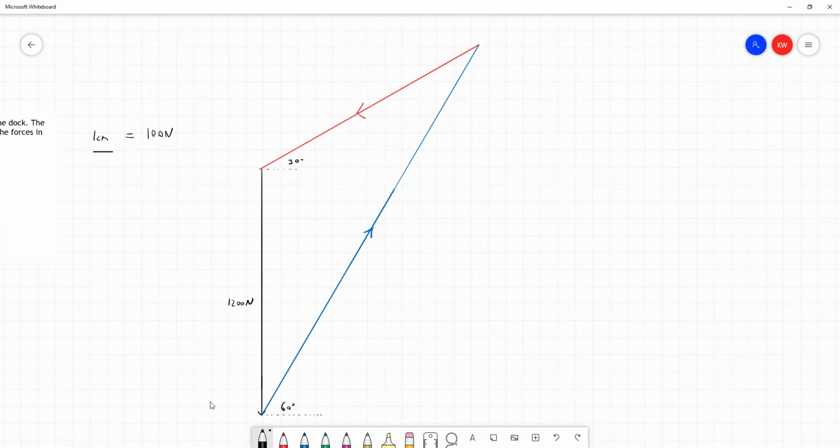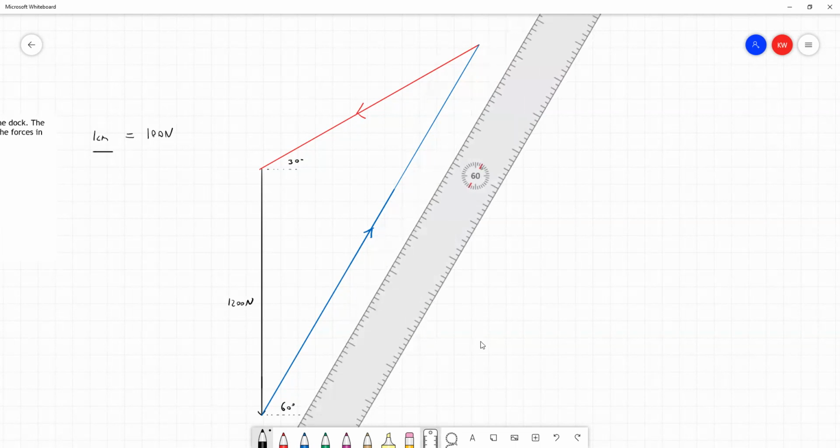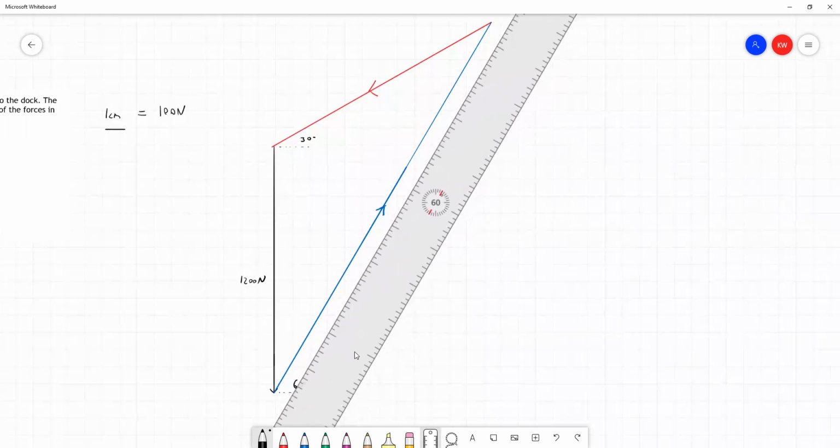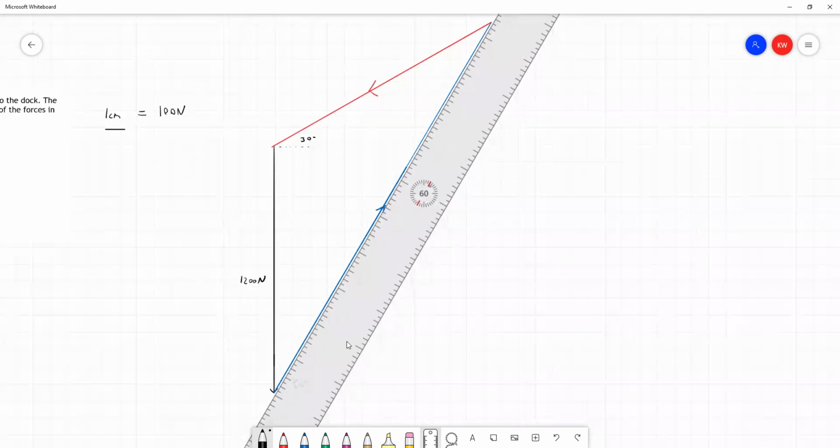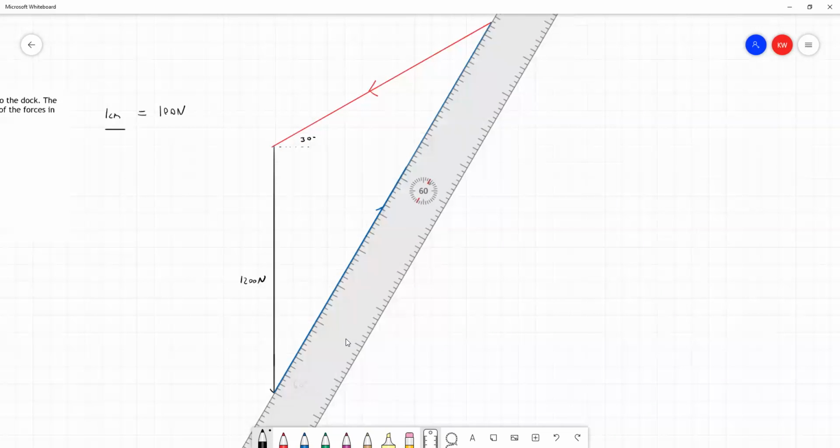So the other thing we have to do is to find the size of these forces, and we do this by measuring each line and then using our scale to see how big it is in terms of newtons. So I'll do my best to get a reasonably good approximation here. We have 2, 4, 6, 8, 10, 12, 14, 16, 18, 20.5.